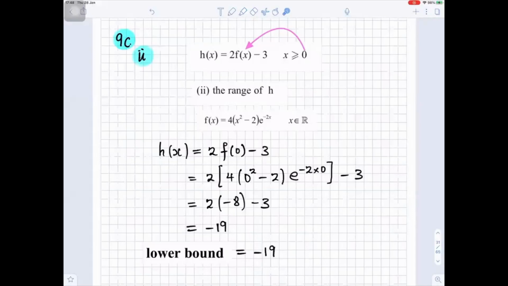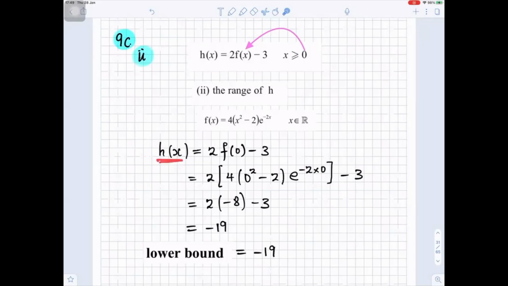For question 9c, h of x is 2 times f of x minus 3. And you notice x is bigger than or equal to 0. So we multiply by 2 and we minus 3. And remember, x must be bigger than or equal to 0. So the range of h is what we want to find.